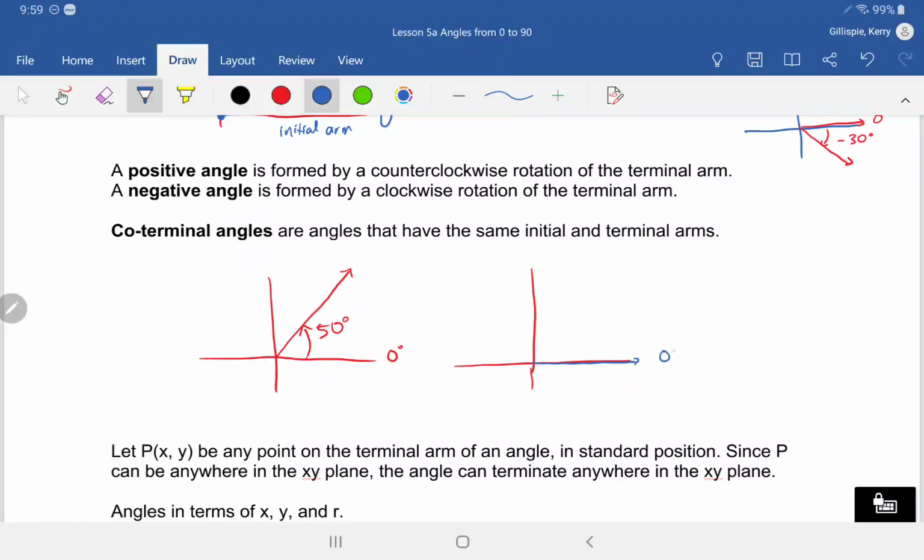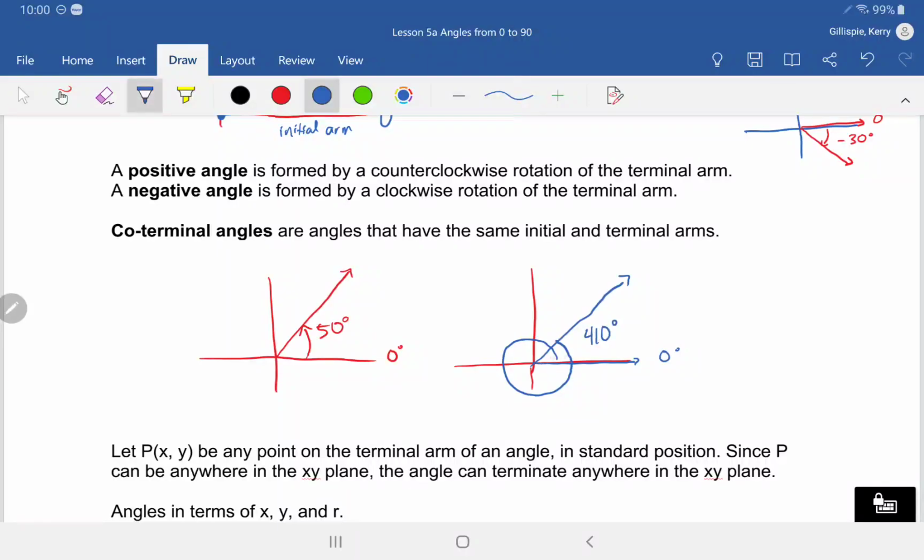So it has a starting value of 0 degrees. And let's say it does a rotation all the way around, and then it comes back to that same spot. If it does a full rotation, so imagine this swinging all the way around and coming back to the spot, this is now a 410-degree angle.